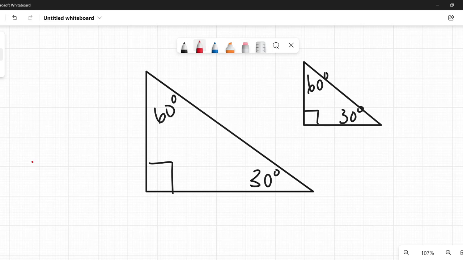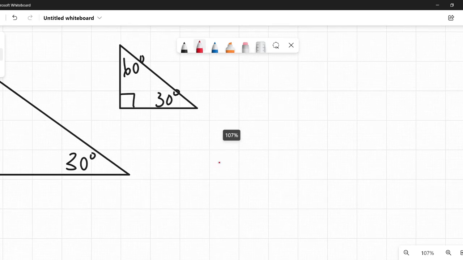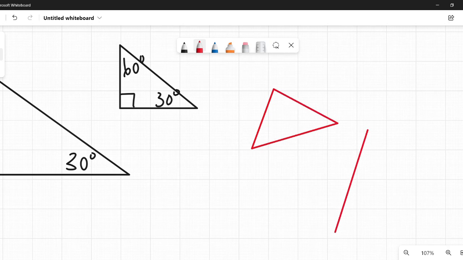So similar triangles have the same ratios. It doesn't have to be a right triangle, but like say I had this triangle and I had another triangle that was similar to it, and its whiteboard's having a spaz attack. Come on, there we go.